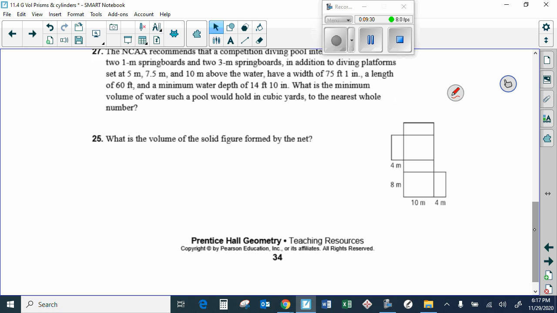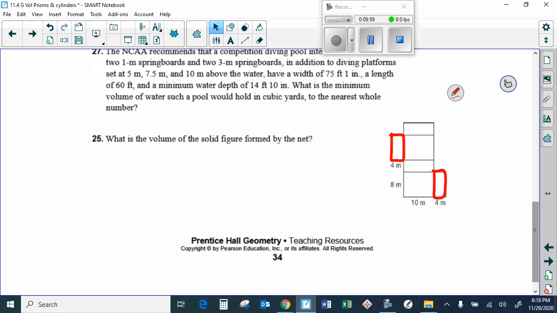What's the volume of the solid figure formed by the net? Okay. So this was a net. These are the two bases. Okay, right here.